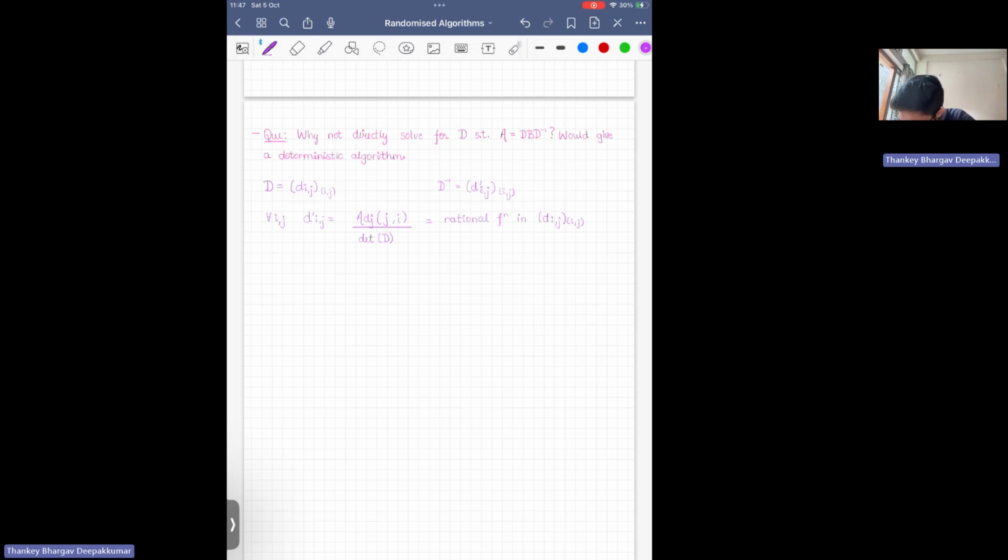So you cannot directly solve for A equals dBT inverse.